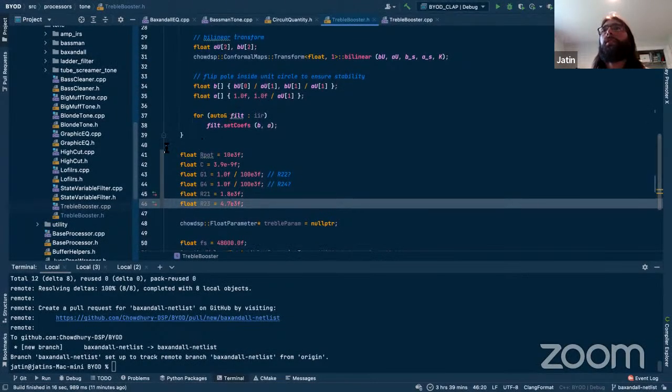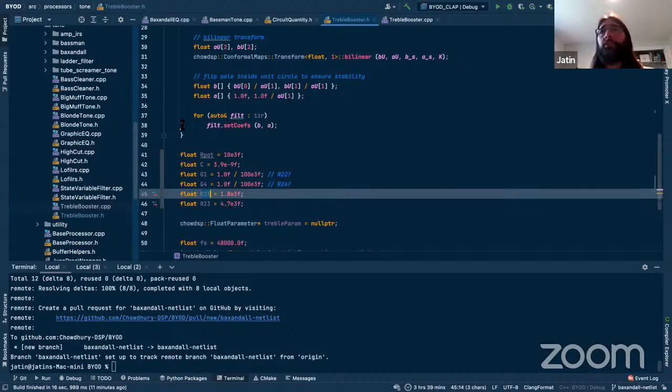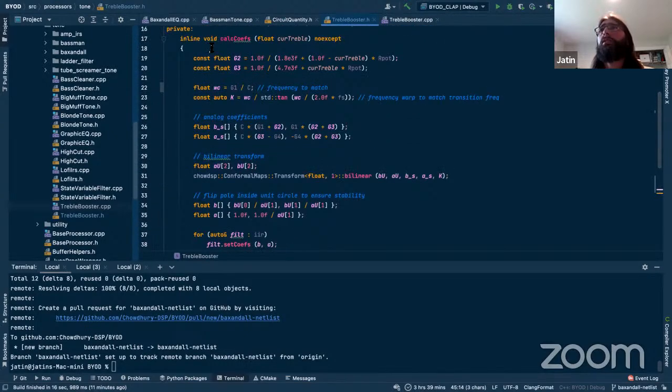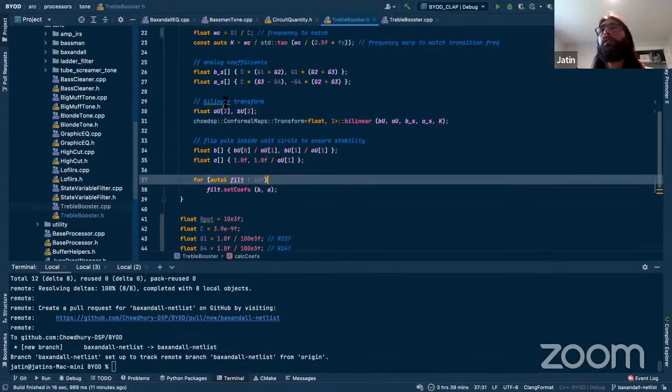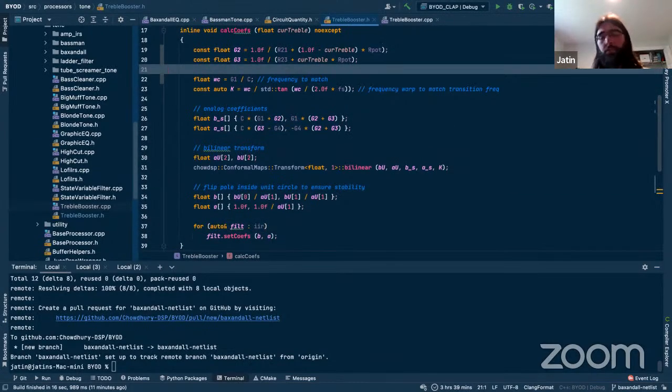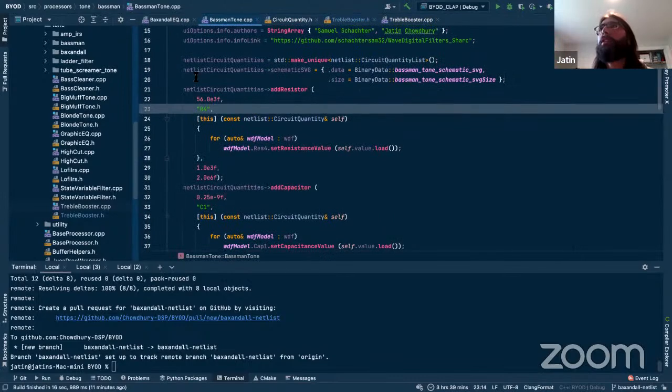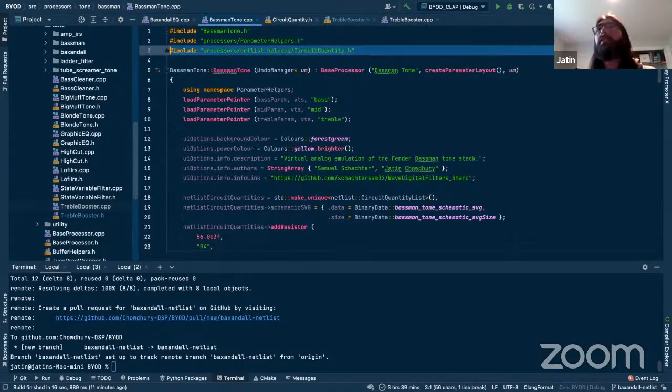So now we need to edit the coefficient calculators to actually use these values. So that's R21 and R23. I think that should work out right. Cool. That might change CPU usage a tiny bit, but should be pretty minimal. And let's just set up the netlist viewer, and then that's probably going to blow up, but it's fine.